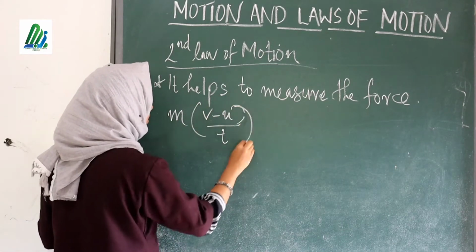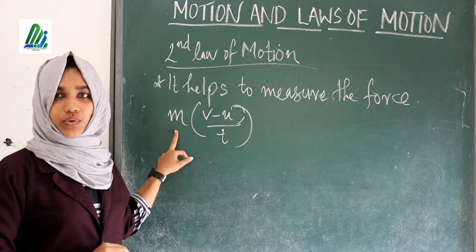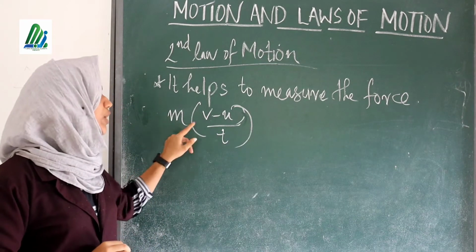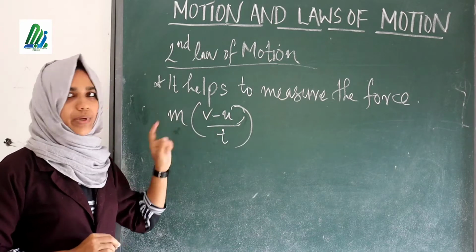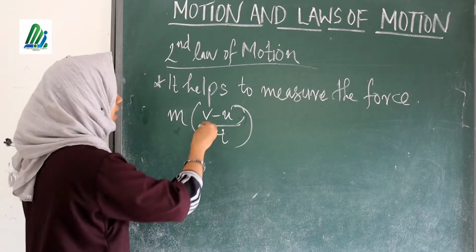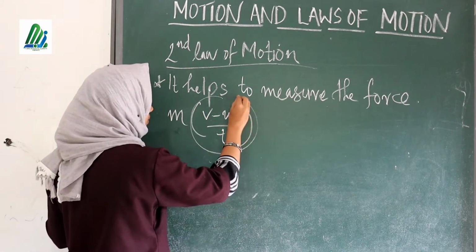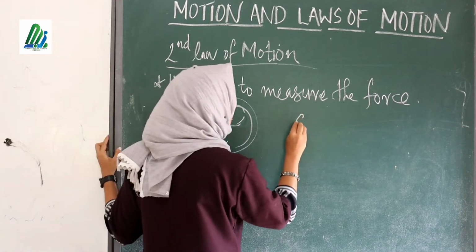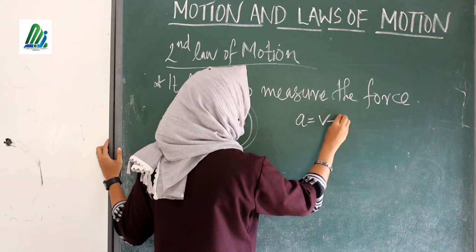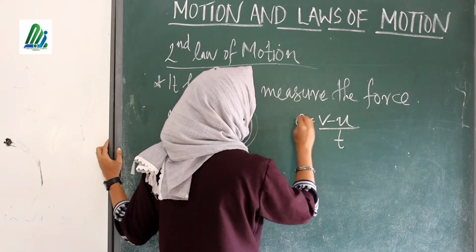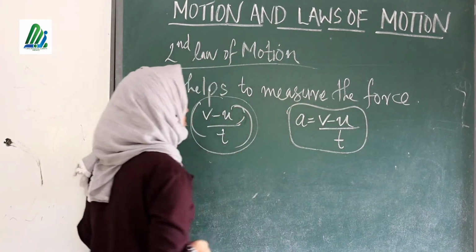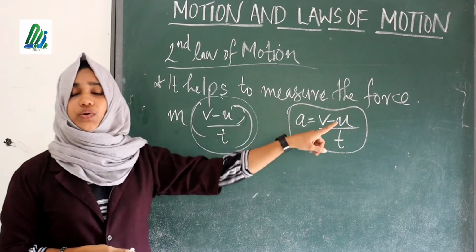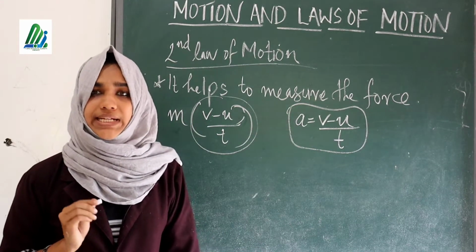I think it's a familiar equation to you, isn't it? Also, a is equal to (v minus u) by t. You have studied this earlier.